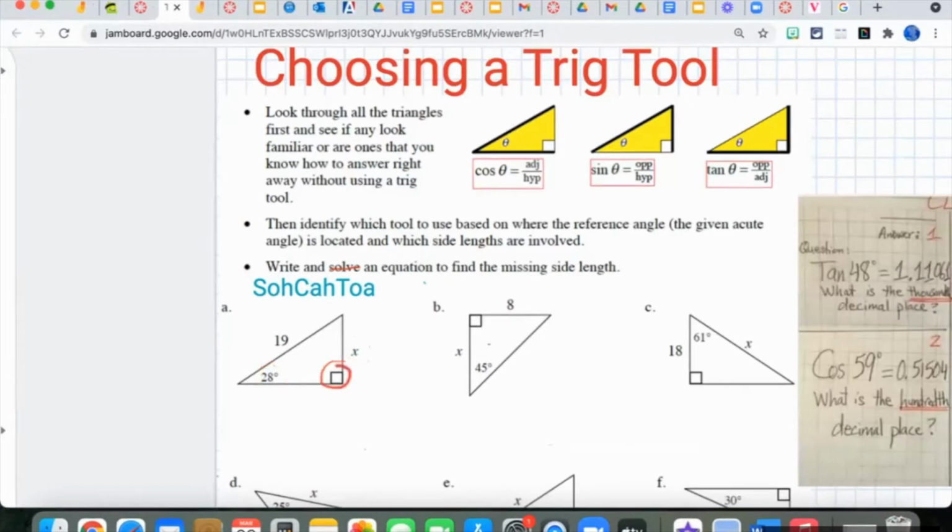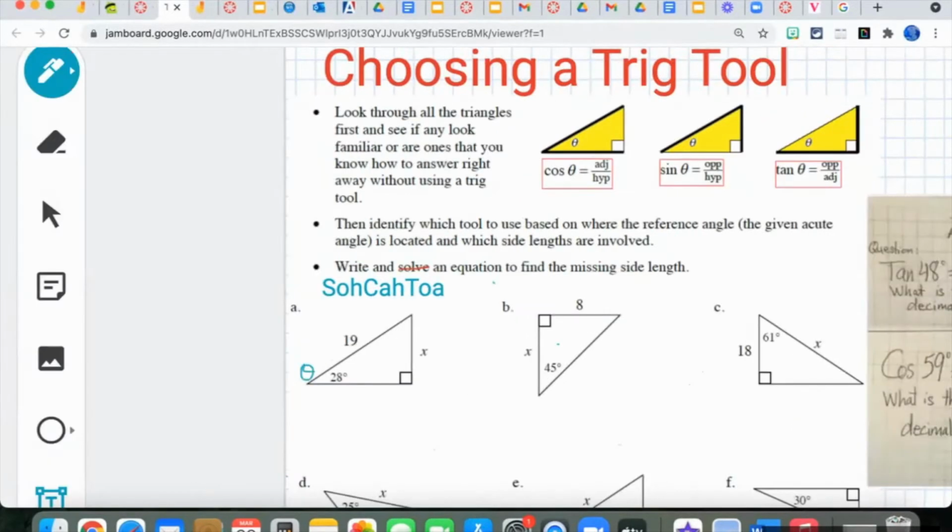We are going to ignore the 90 because they're all 90 degrees. The 28 degrees is given on this acute angle, and that's the angle you want to mark theta. The angle theta is the angle you're looking from. So from this angle, you are looking for the opposite, the adjacent side, and we also have this side. What do you call this side?